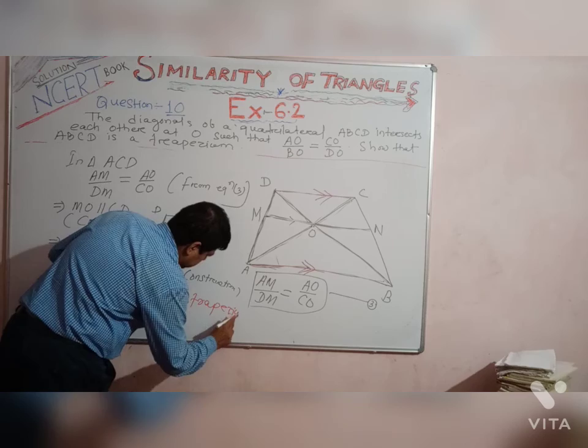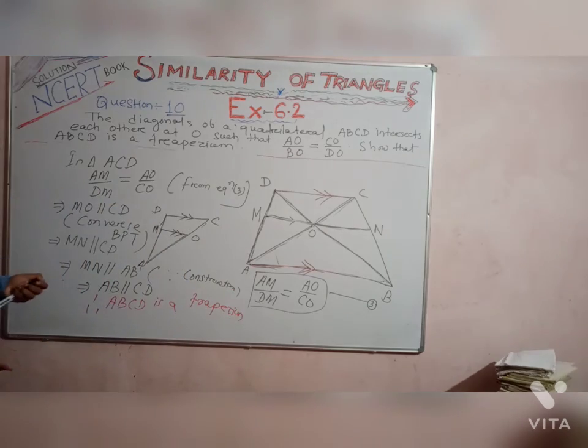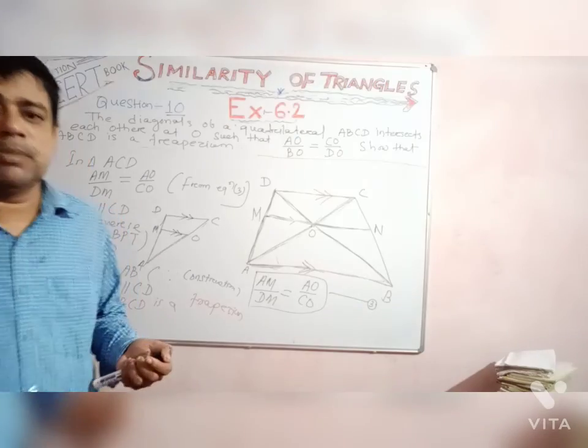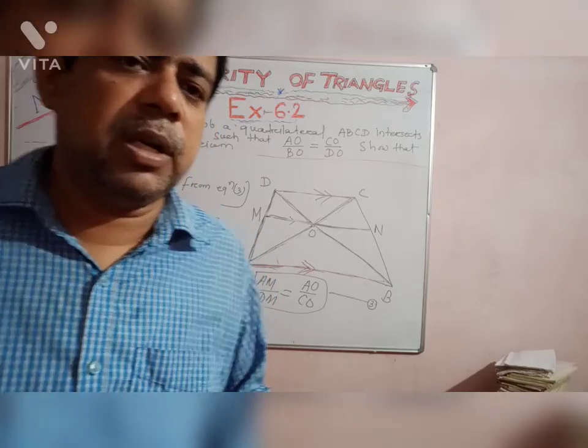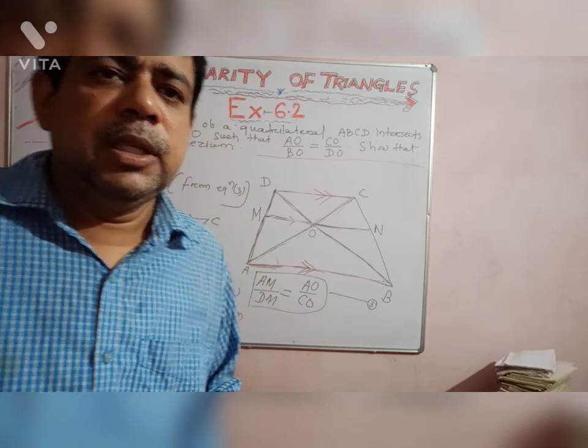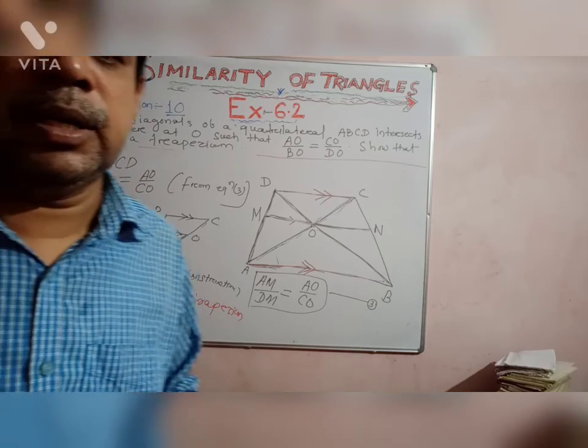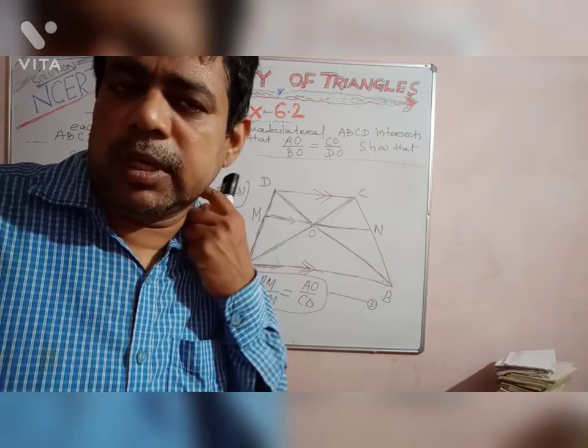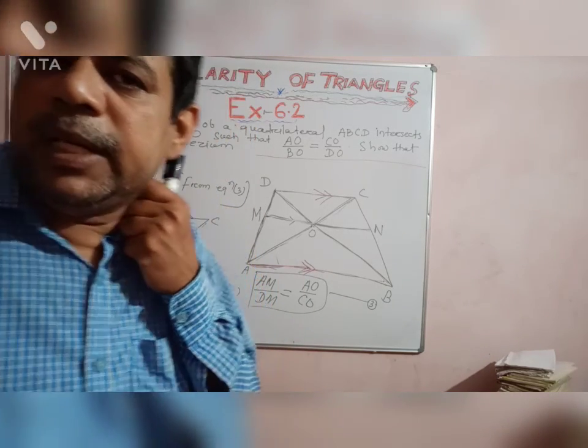And this is how you can use the concept of the basic proportional theorem and converse basic proportional theorem to prove the geometrical statement. A quadrilateral can be a trapezium under certain conditions, using the concept of BPT and converse BPT.